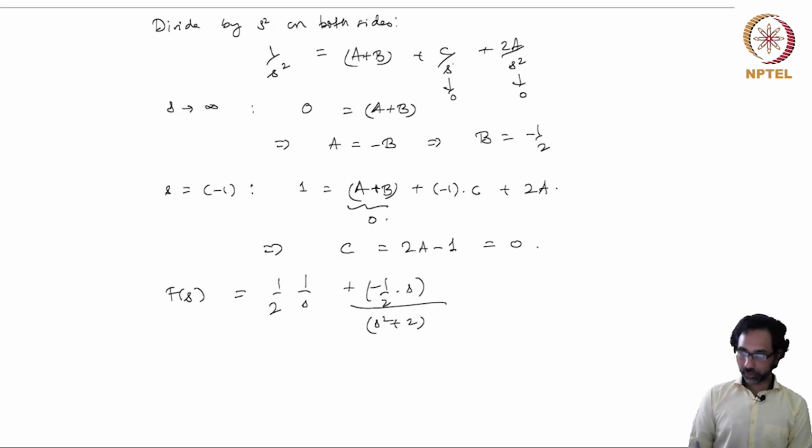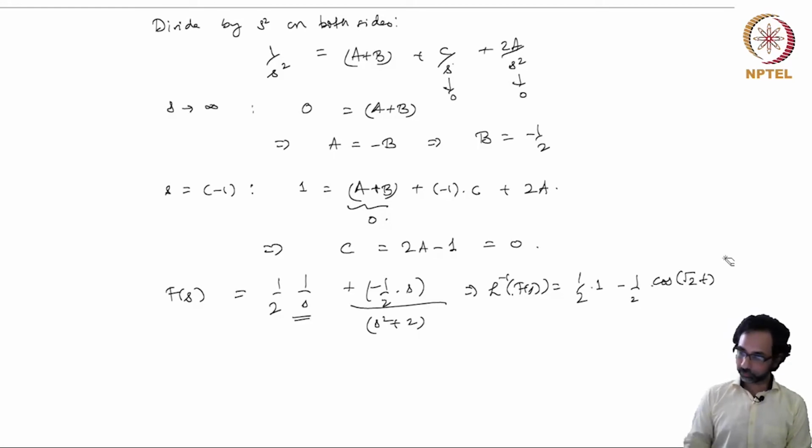And now we can immediately compute the inverse Laplace transform of F(s). The first term, since you have 1 over s, is simply half, because 1 over s is the Laplace transform for the function 1, which is equal to 1 everywhere. So half into 1 minus half times, again, the cosine of square root 2 t.